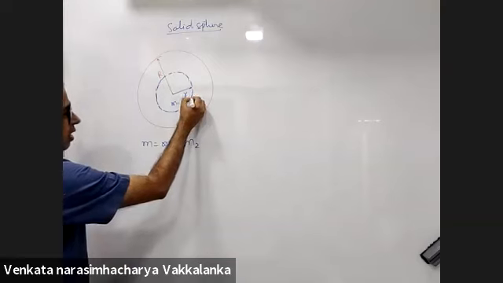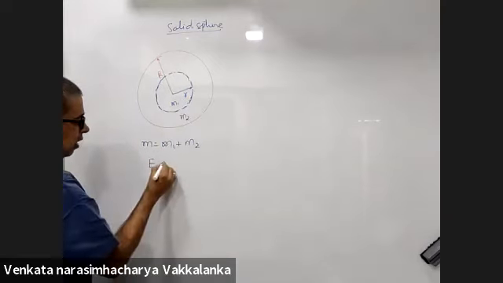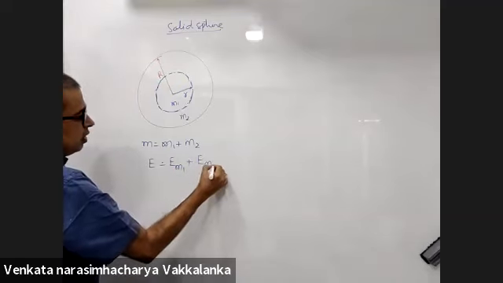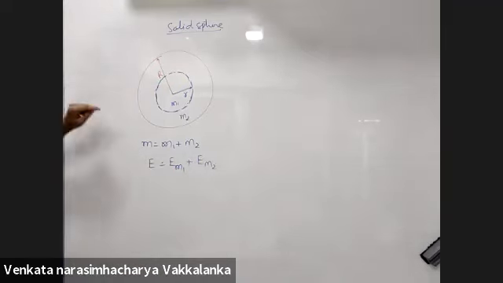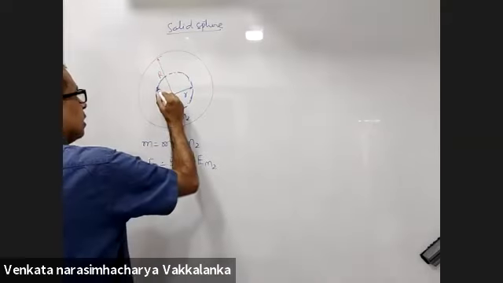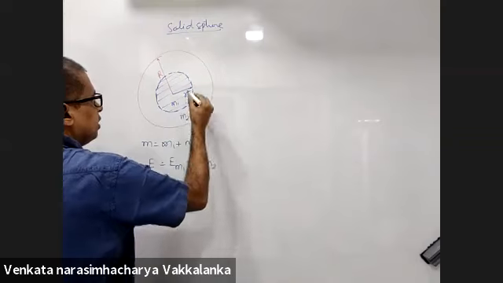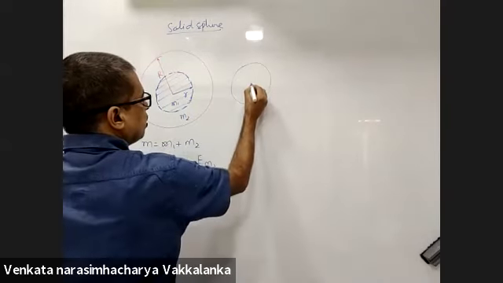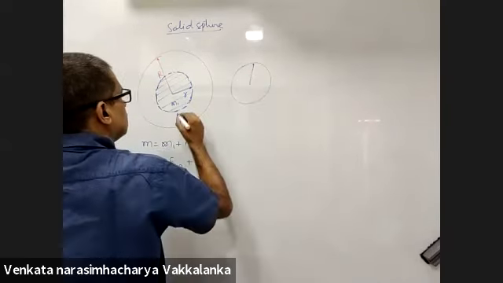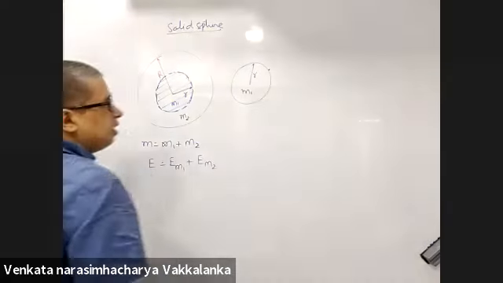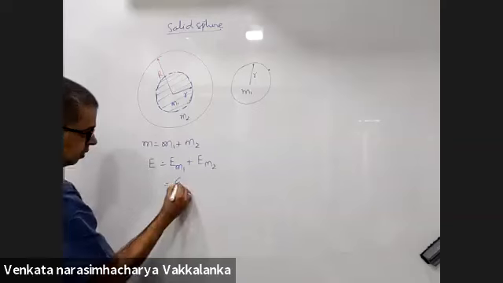And we said the field here at a distance of r will be the field due to m1 plus the field due to m2. I will redraw m1 here. At a distance of small r, what will be the field on its surface?